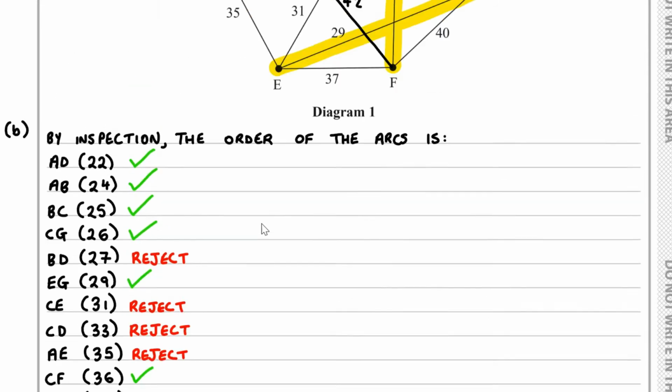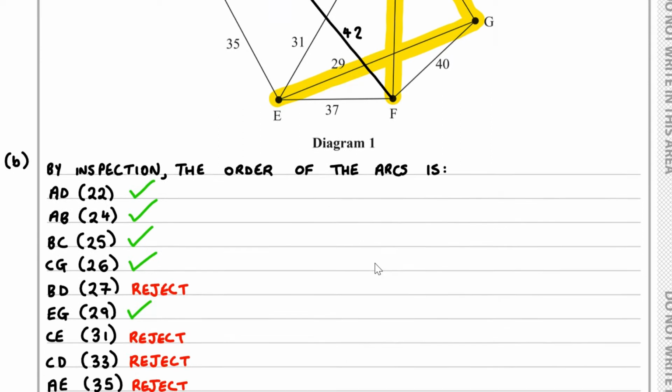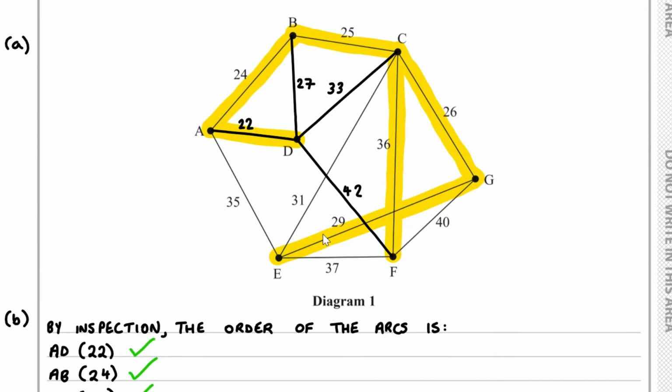Then we have EF. This would form a cycle, so we'd have to reject EF. Then we have FG, which we'd have to reject, otherwise it would form a cycle.